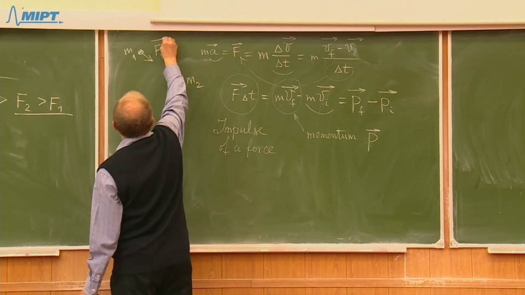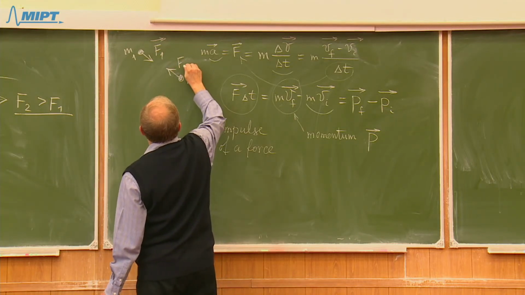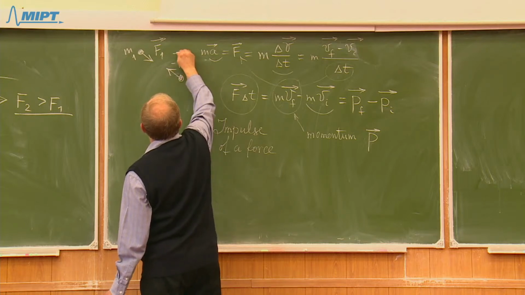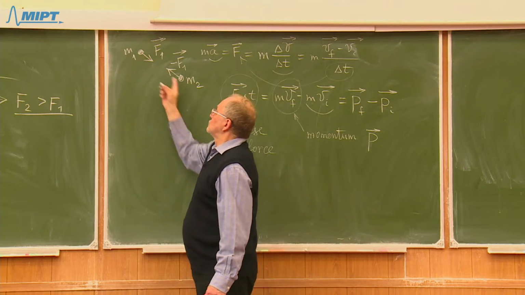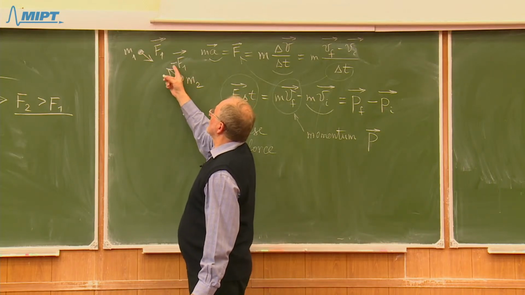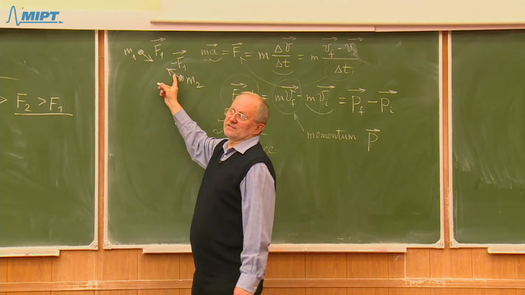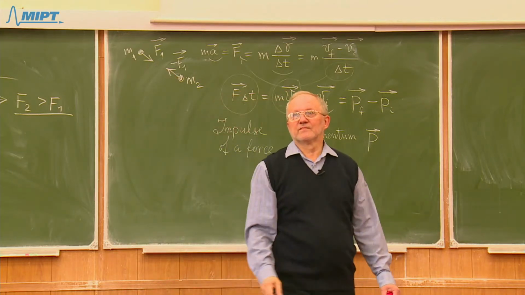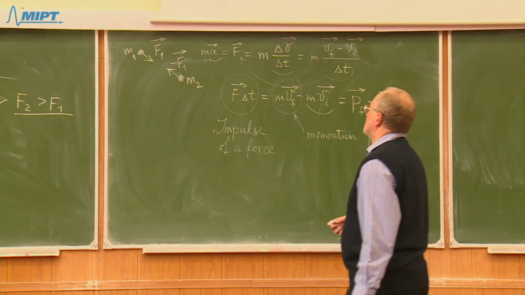Here we have force F1, and this is force minus F1. According to the third Newton's law, the two forces are equal in magnitude and oppositely directed. So if this force is F1, then this force is minus F1. I immediately use the Newton's third law.